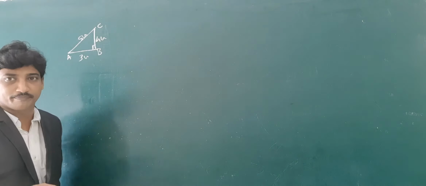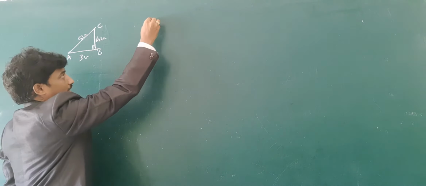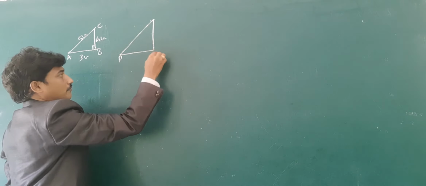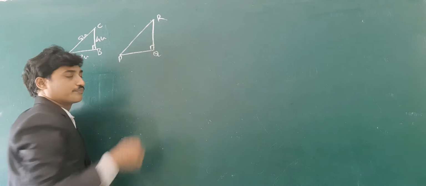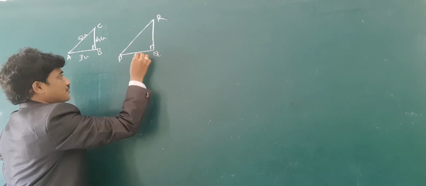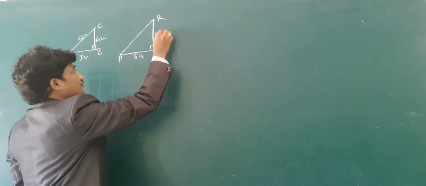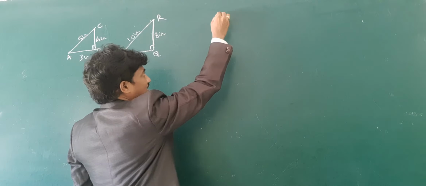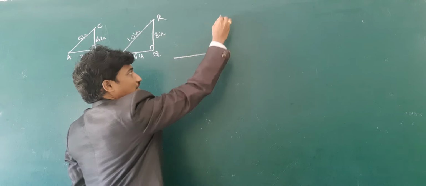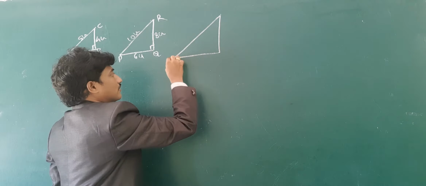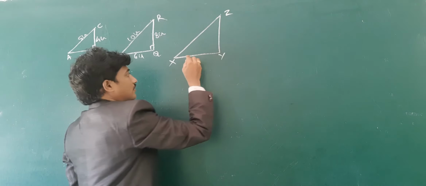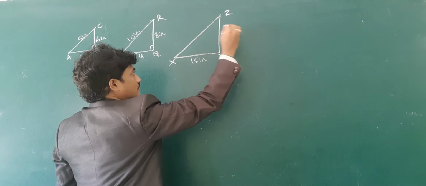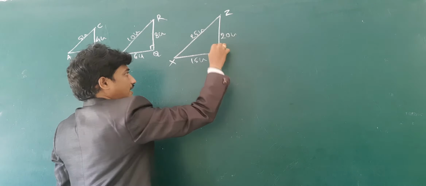Right angle is at B. Another right angle triangle PQR, right angle is at Q, with lengths of sides 6 units, 8 units and 10 units. And some other right angle triangle XYZ, the lengths of sides are 15 units, 20 units and 25 units, right angle at Y.